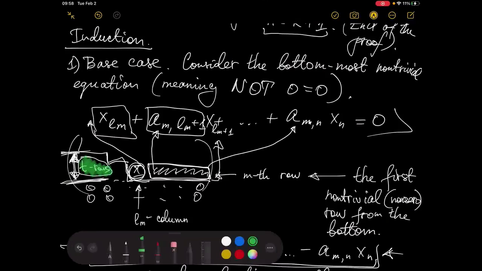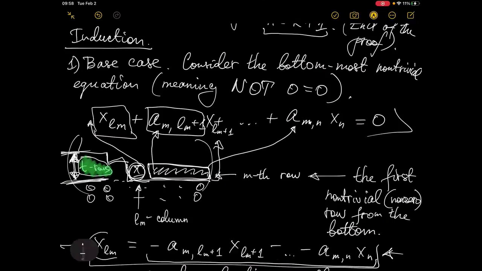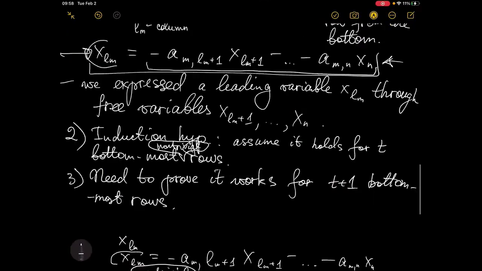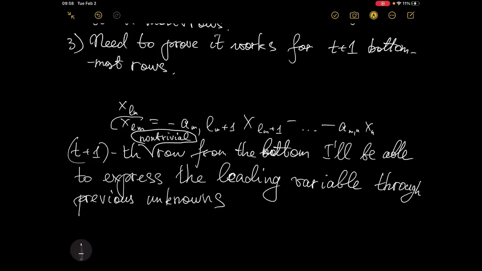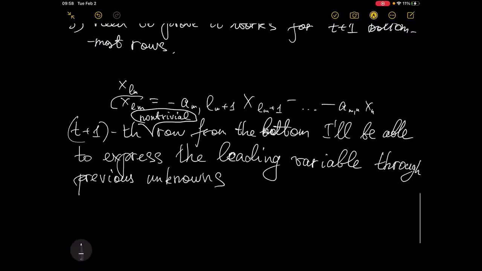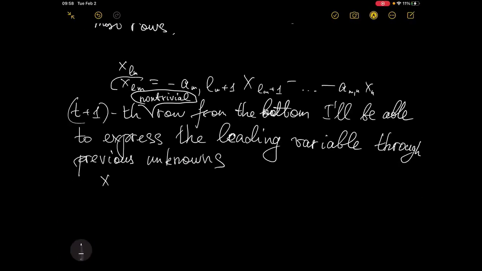Pay attention, t rows. Next, if I consider the t plus 1th row from the bottom, then I will have some leading variable, right?